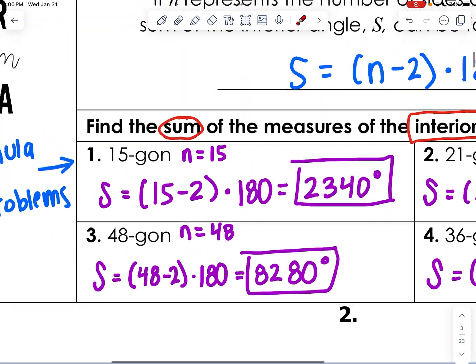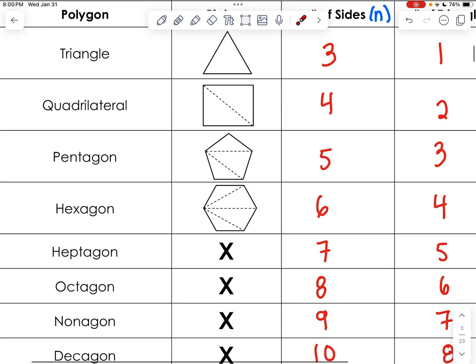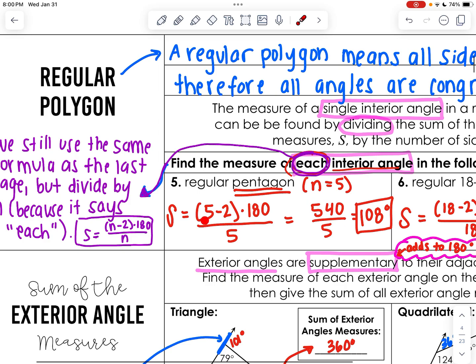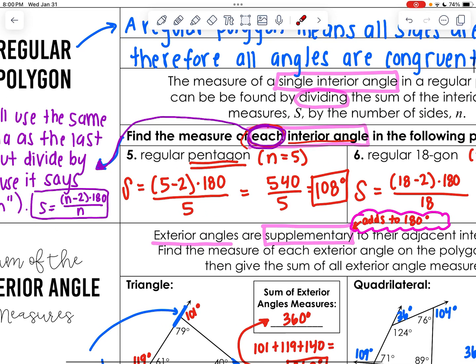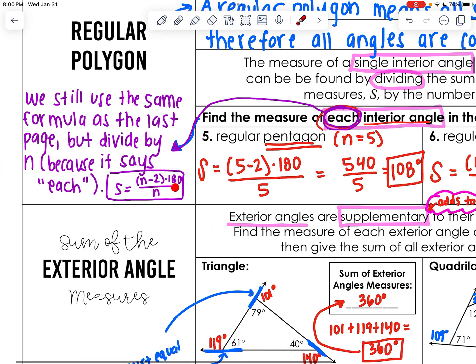It tells you up here if you forget. Pentagon, 5 sides, okay? 5 minus 2 times 180, and you're going to divide by 5 because this tells you the sum of all of the interior angles. But if you have 5 sides, you're dividing by 5 to find each interior angle. Okay, so if it says each, you use the same formula but divide by the n.